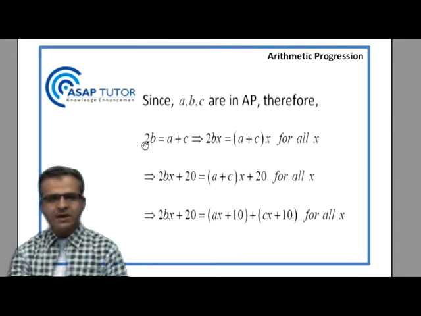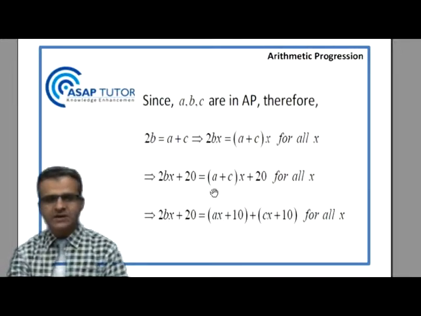Now since A, B, C are in AP, therefore 2B is equal to A plus C. Now multiplying both sides by X, we get 2BX is equal to (A plus C) into X for all values of X. Then adding 20 on both sides, 2BX plus 20 will be equal to (A plus C)X plus 20.